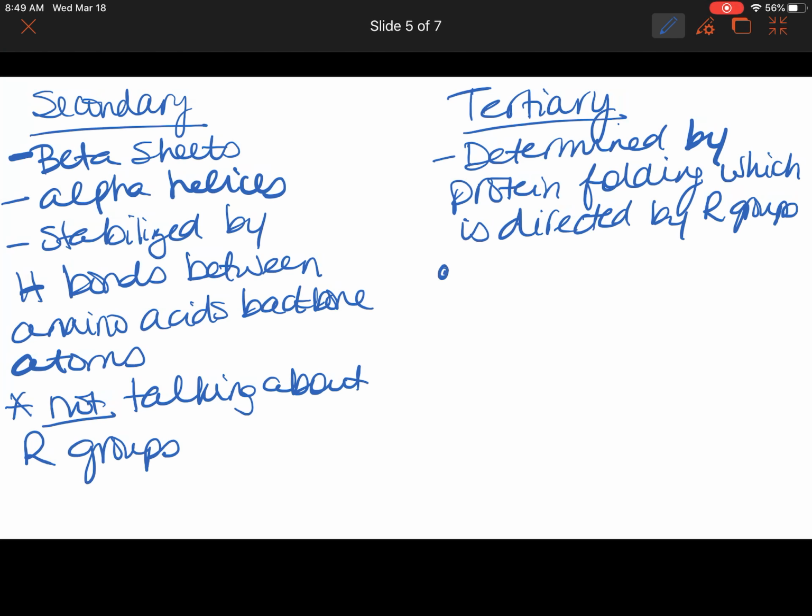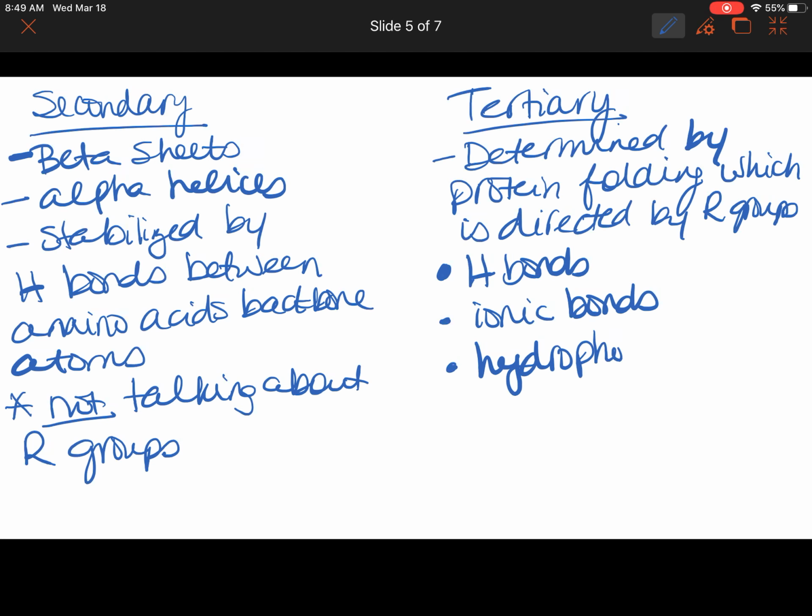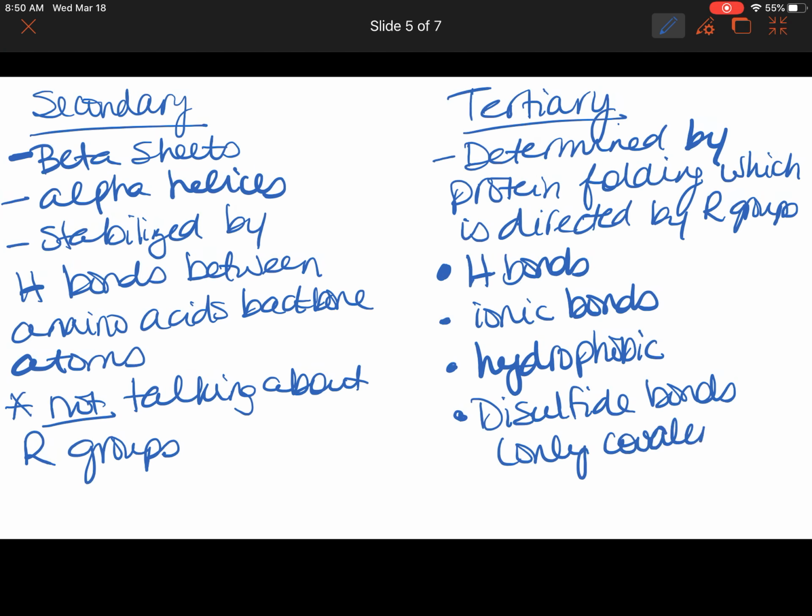And the stabilizing forces of tertiary structure are going to be hydrogen bonds, ionic bonds, hydrophobic interactions, and disulfide bonds. And remember, disulfide bonds, these are the only covalent interactions for tertiary and quaternary structure. Okay? And remember, all of these are taking place between R groups.